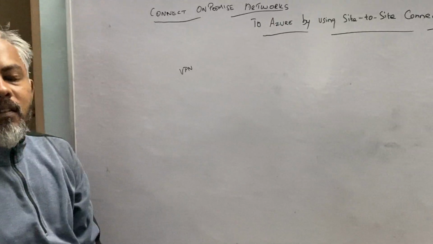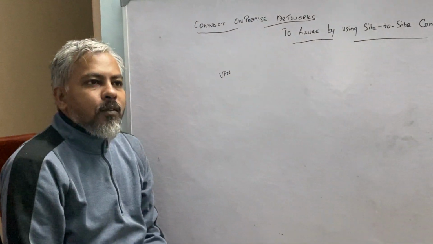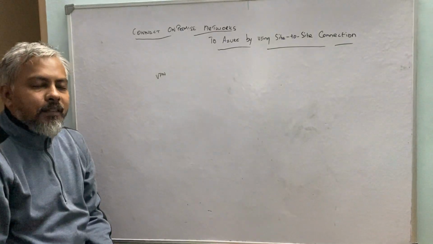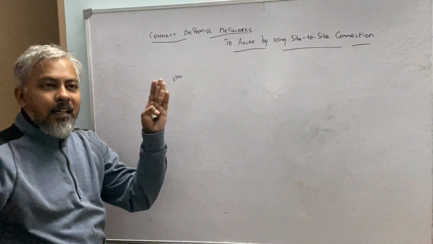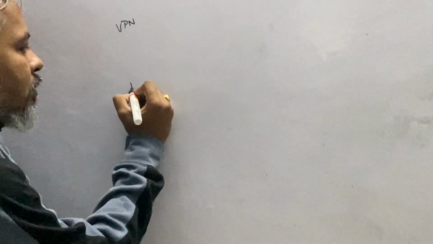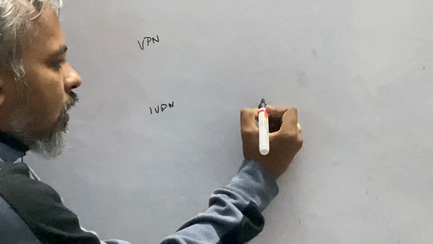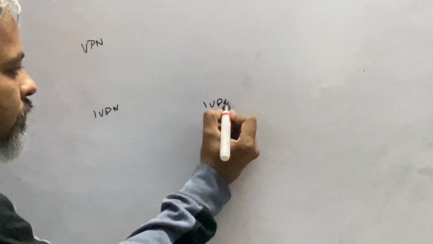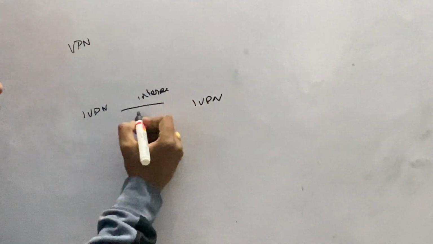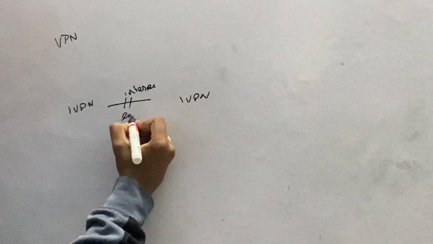What is VPN? Virtual private network is something like encrypted tunnels. For example, this is one VPN, another one VPN, and the internet in between. This is encrypted.